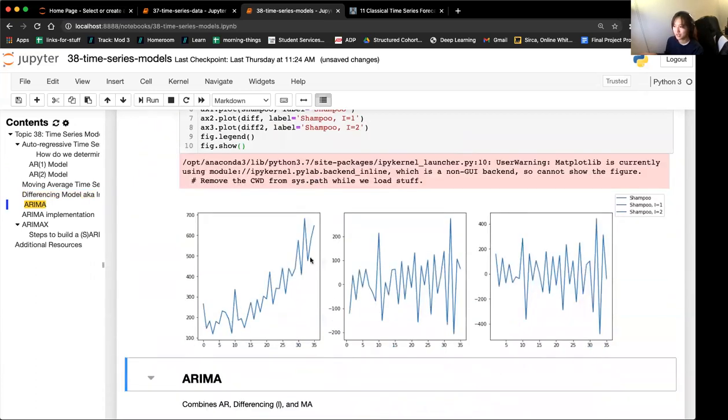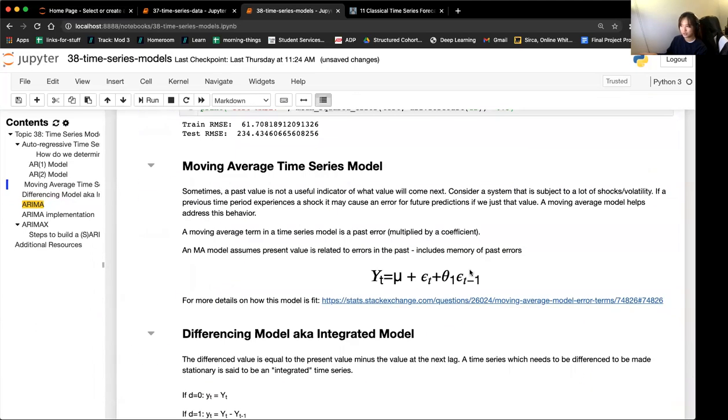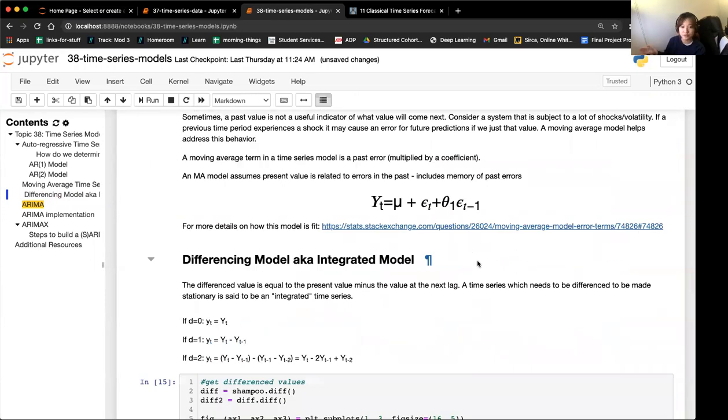This was our shampoo data. This is differenced once, and this is differenced twice. So you can see that with the difference twice, it overall still becomes flatter. So yeah, we're going to add two new things at once: the moving average term that's going to take into account prior errors, and also differencing.